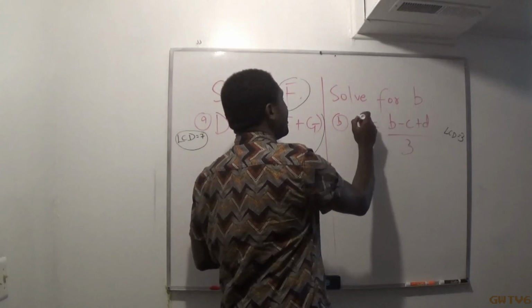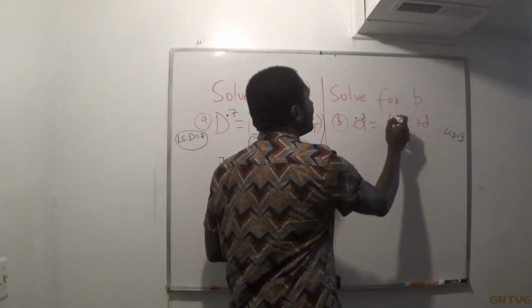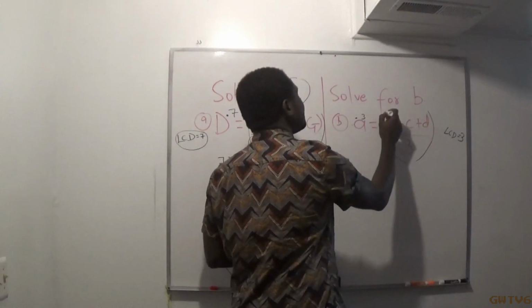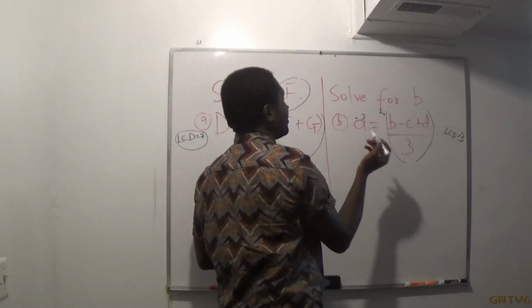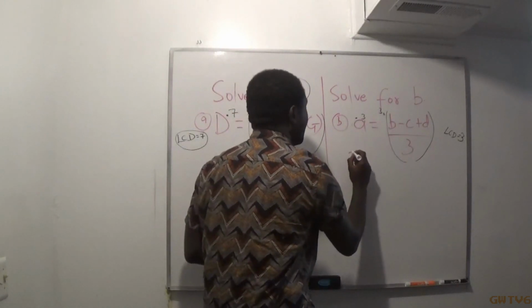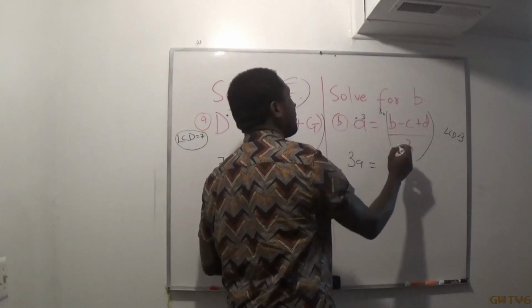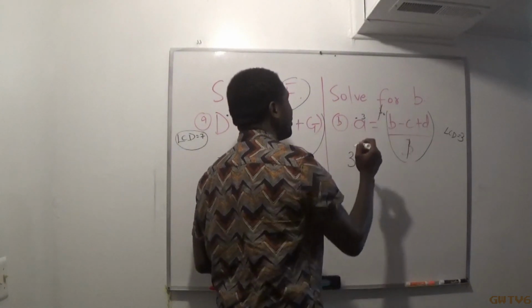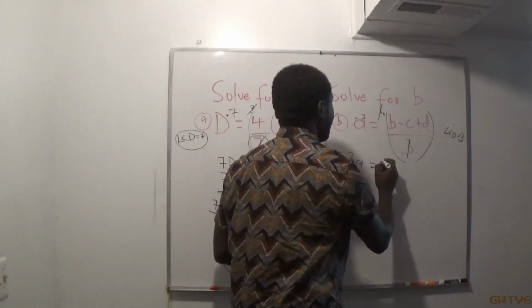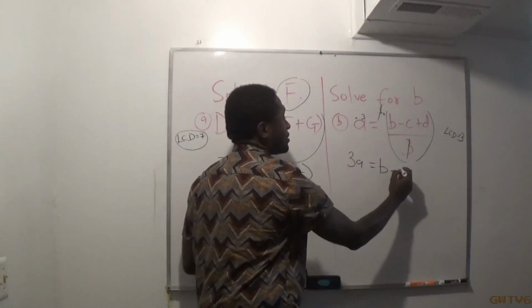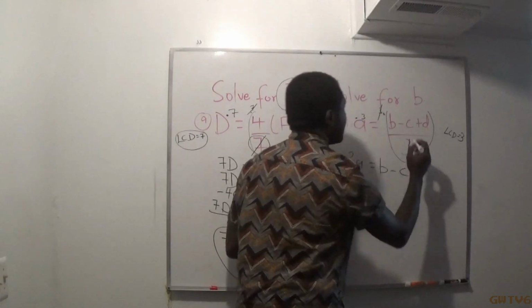So this A times the LCD 3, this whole thing times the LCD 3. A times 3 is 3A equals, there's a 3 at the top, 3 at the bottom. That should be able to cancel out. So now I have this left, B minus C plus D.